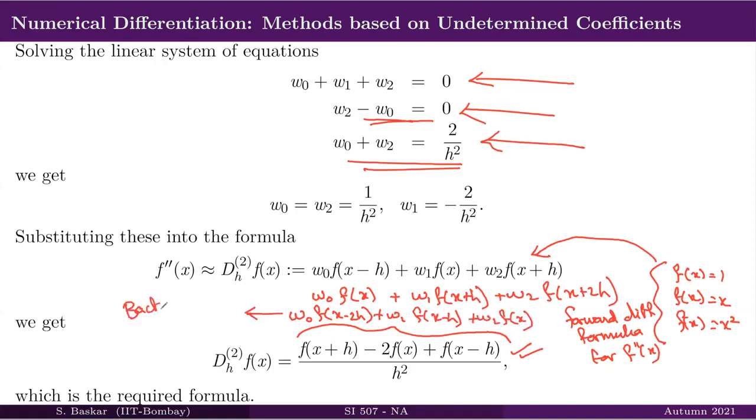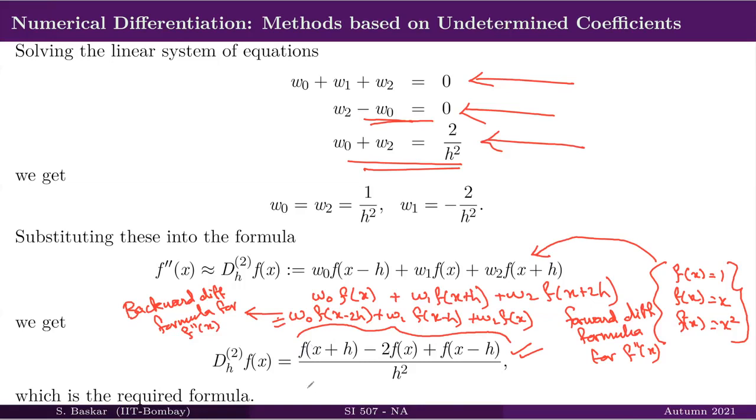And that will lead to the backward difference formula for f double dash of x. How will you derive that? Again, the idea is exactly the same. You put f(x) = 1, f(x) = x, and f(x) = x squared into this expression, and that will lead to three linear equations. You solve those three linear equations and get your weights W0, W1, and W2. I'll leave it to you to do all these exercises.